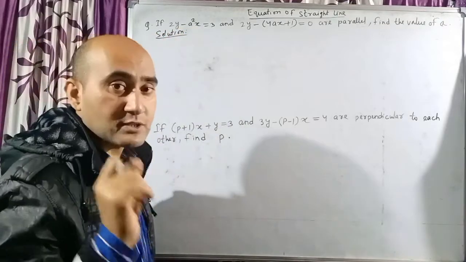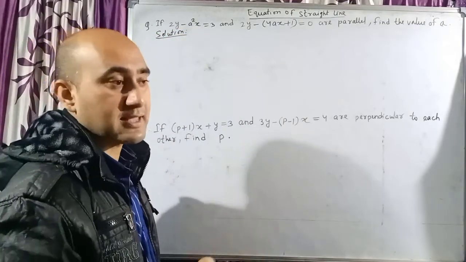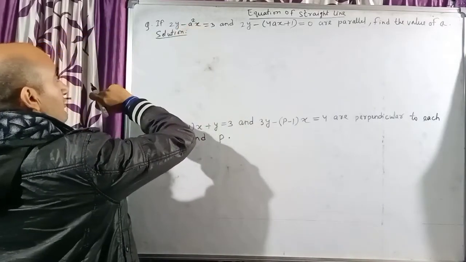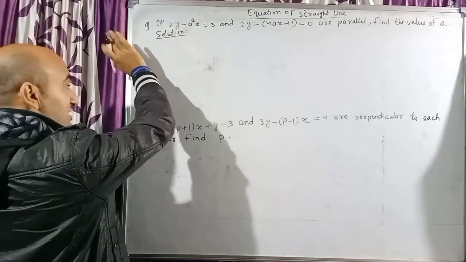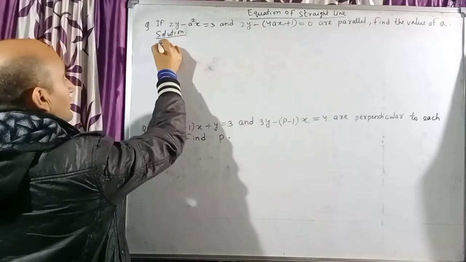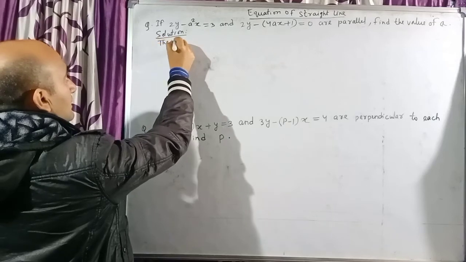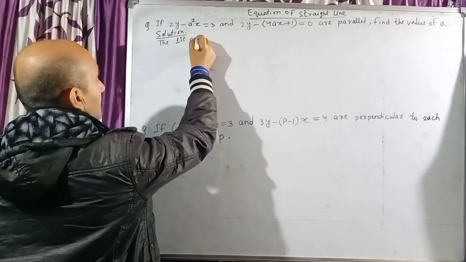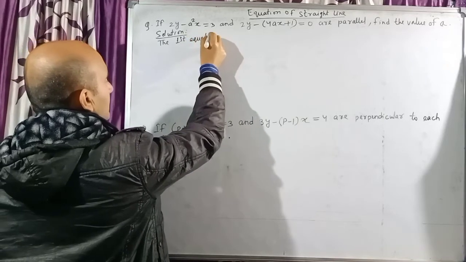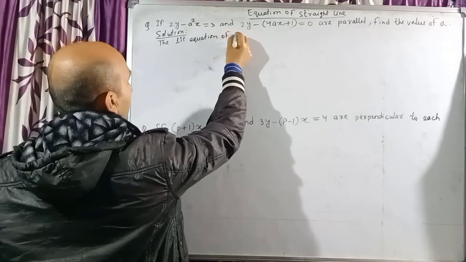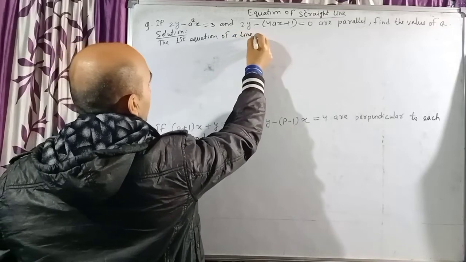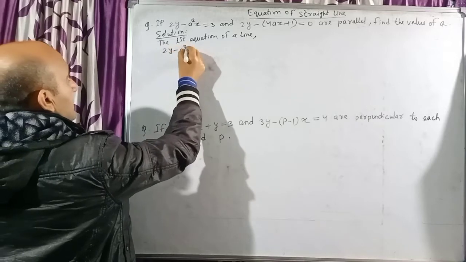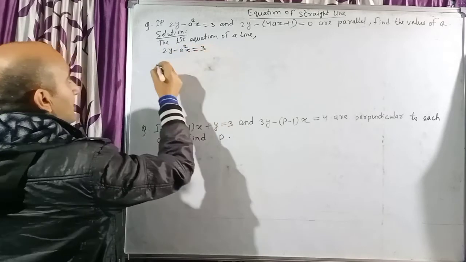So we will first arrange the equation of the straight line. As I told you, the first position should be given to x and its coefficient, then y and its coefficient, then the number and equal to 0. So the first equation of a line is 2y minus a square x equal to 3.